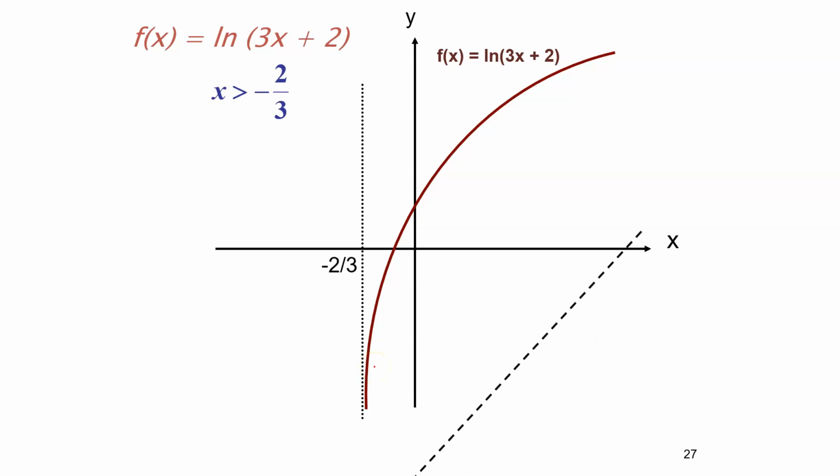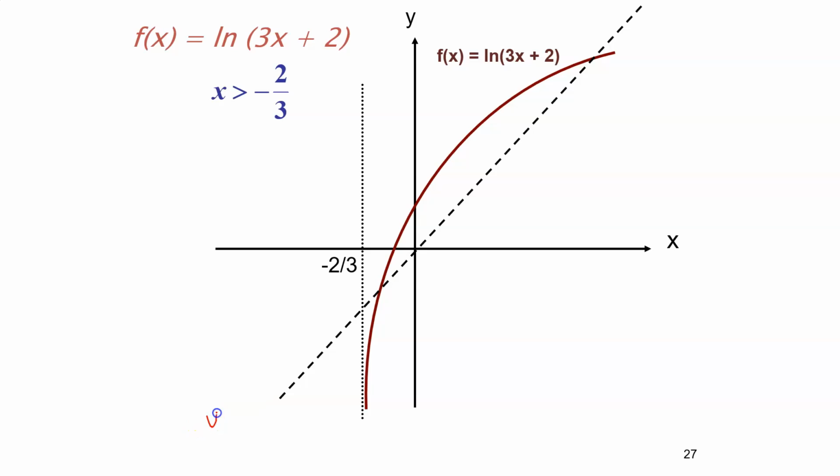Okay, next you need to draw your y equal to x. Garis y equal to x, this one. Okay, so dia adalah simetri kepada yang ini. Bila kita lipat, you will get the other graph on this side, sebelah bawah ni. So, you will get this one.